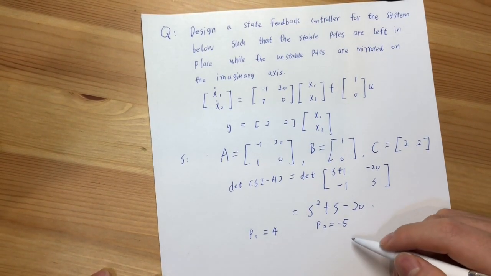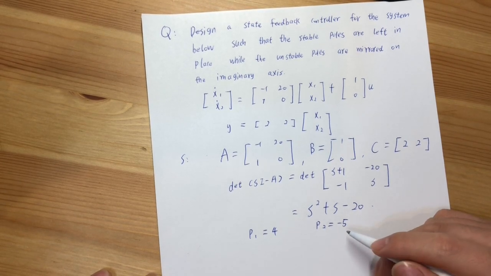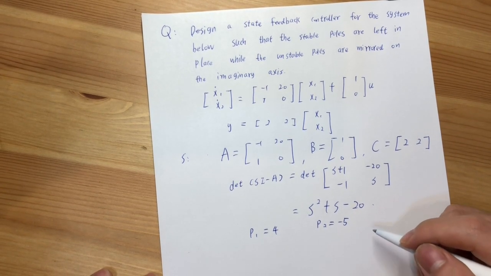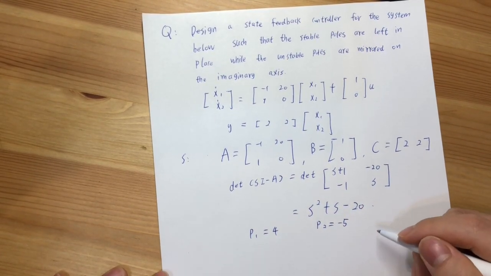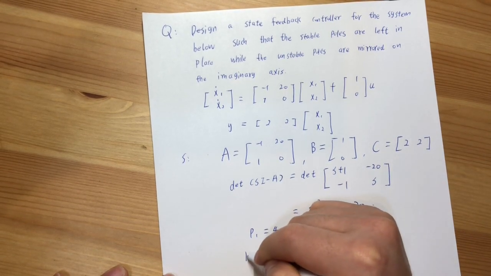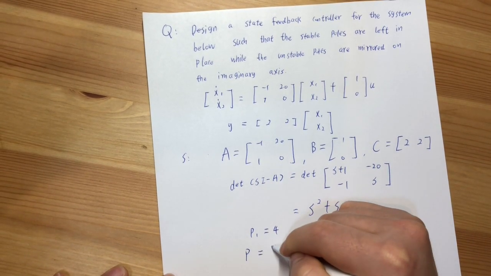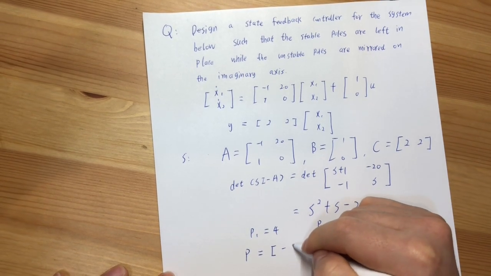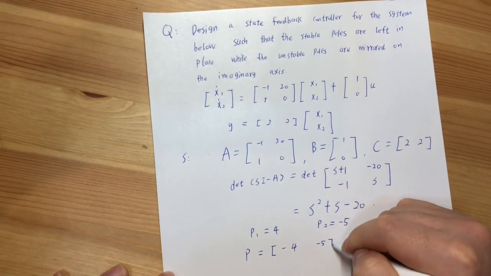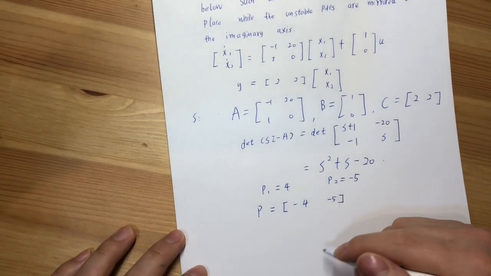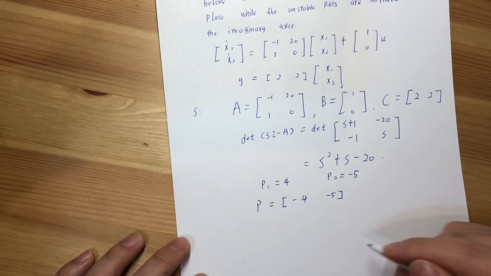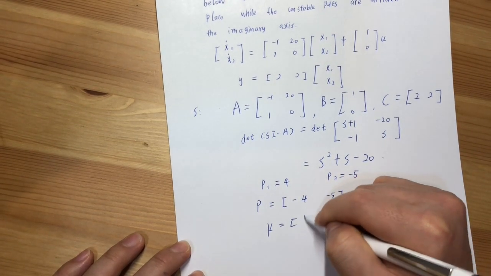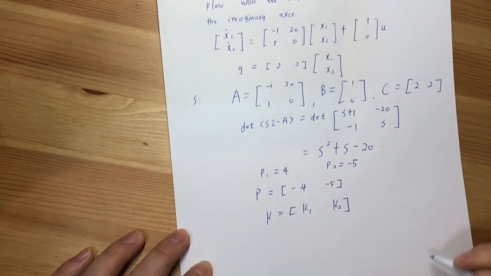Since p1 equals 4 is unstable, we mirror this pole to the left plane. So the desired poles are -4, -5. And we define the state feedback vector K as [k1, k2].